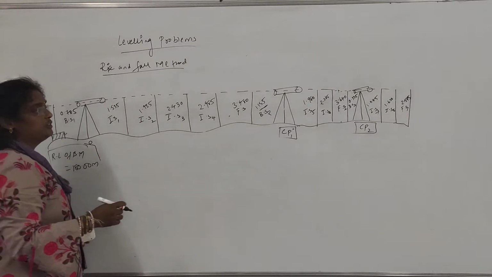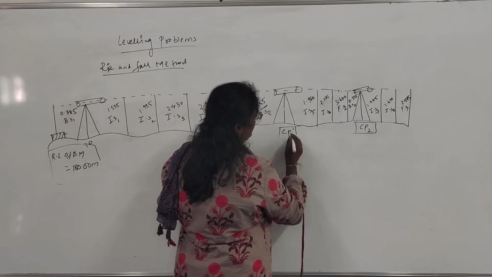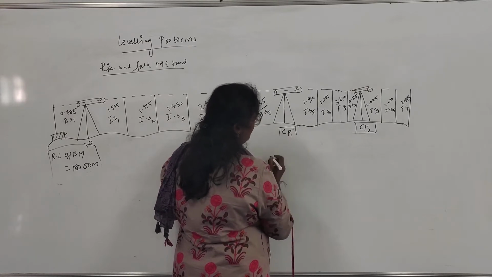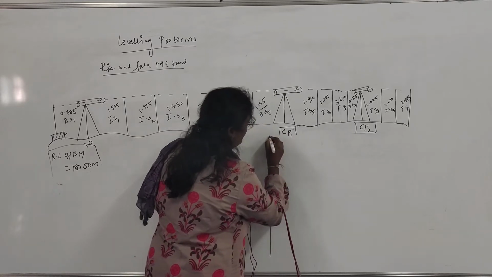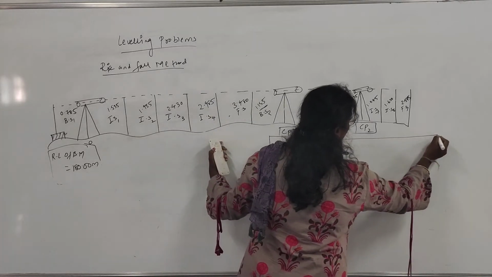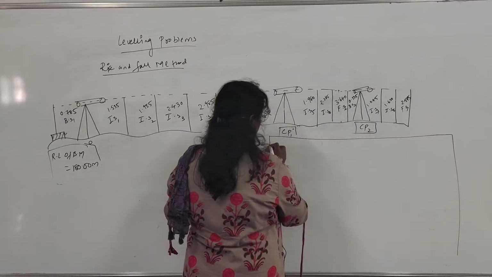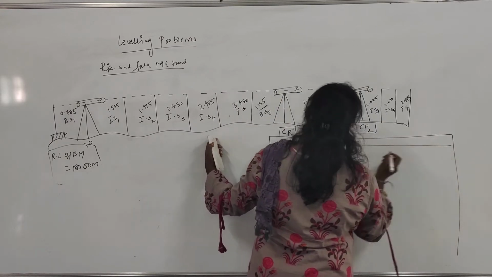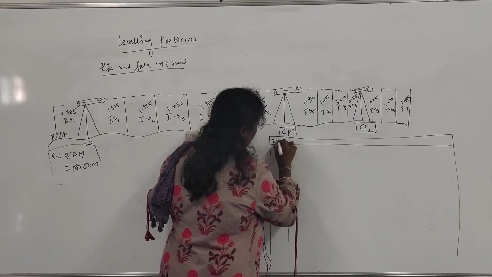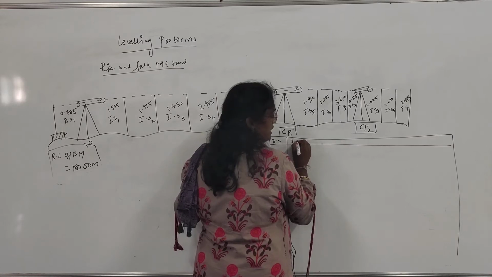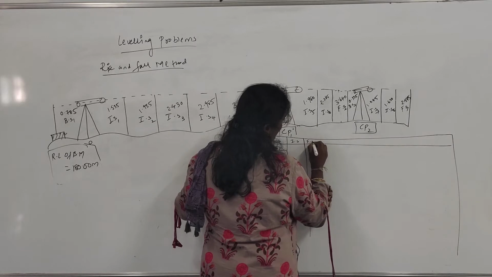First we need to draw the tabular form as we have drawn for the height of instrument method. Previously there, here one more column will be added, right? First one is backsight, second one is intermediate sight, third one is foresight.